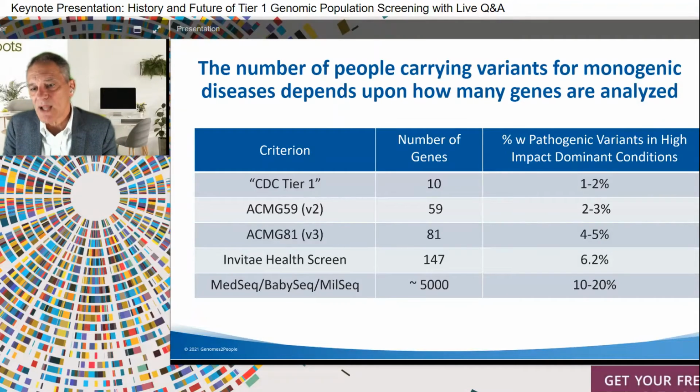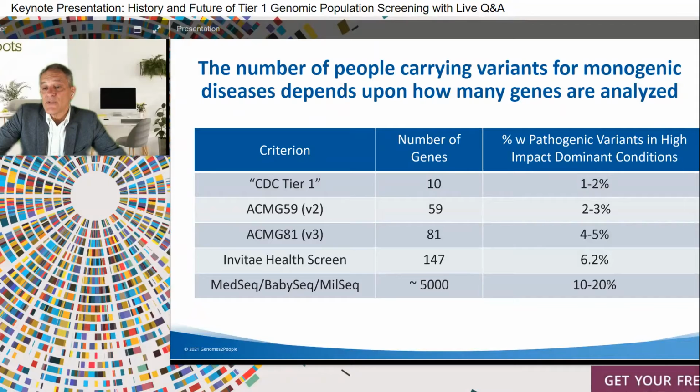So we are reliably getting between 1% and 2% of folks carrying pathogenic and likely pathogenic variants if you look at these 9 to 11 genes in the so-called CDC-10 or CDC Tier 1. In version 2 of the ACMG list, the 59 genes, we got a lot of population data out of that. Very reliably 2.7% of folks. And the version 3, it's still a little unclear, but probably between 4 to 5%.